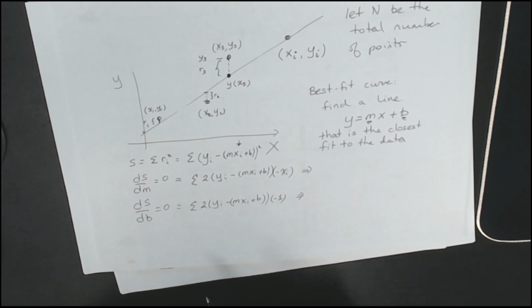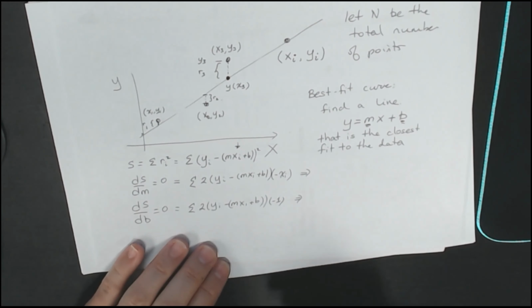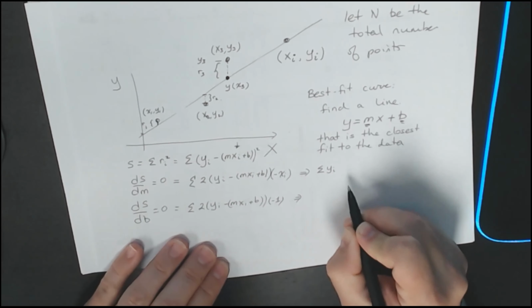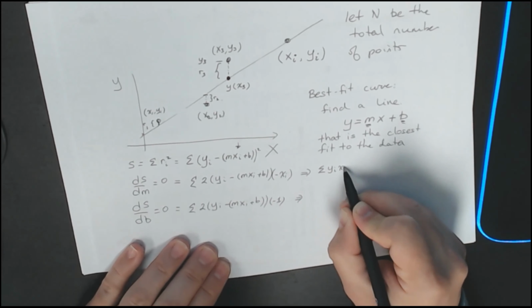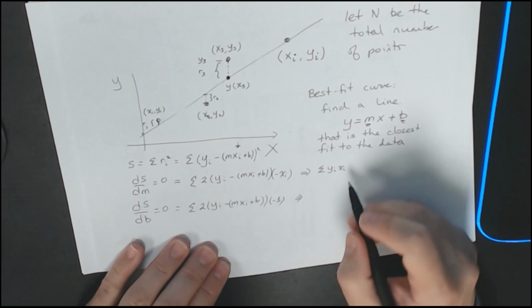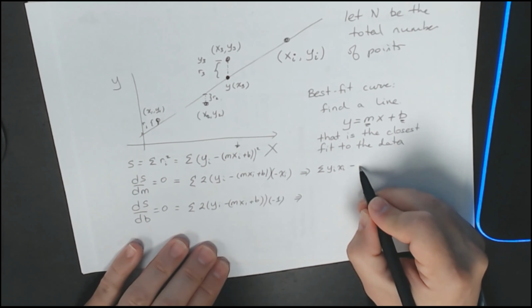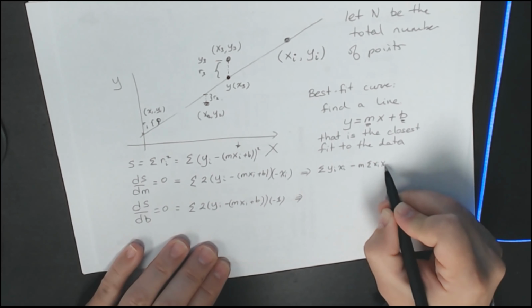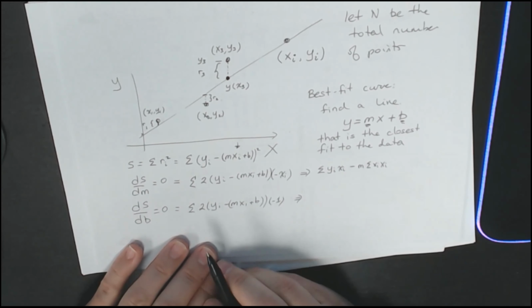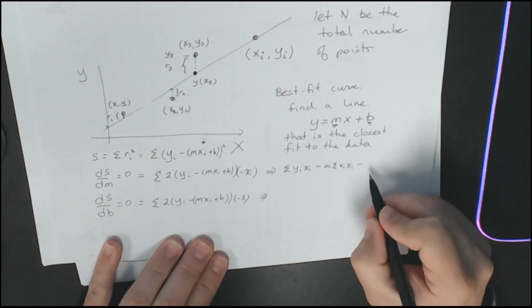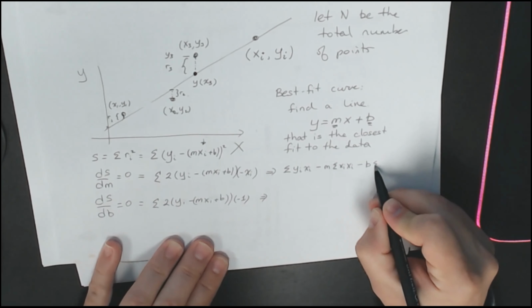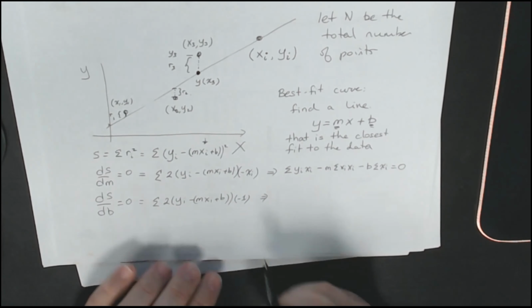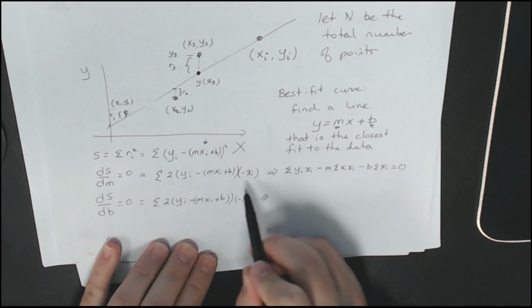So one way we can write this down is we could say the sum of all the yi's multiplied by the xi's, this multiplied by this, minus m times the sum of all the xi's multiplied by the xi's, because you're multiplying this times this, minus b times the sum of all the xi's is equal to 0. So what we're doing is we're just imagining this is a long sum and expanding all those terms out.